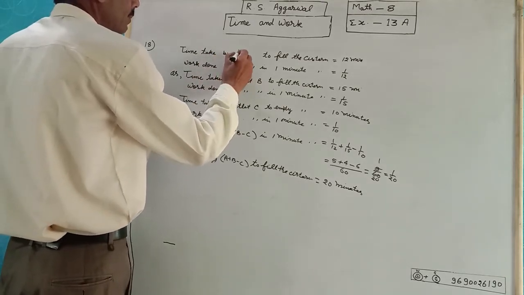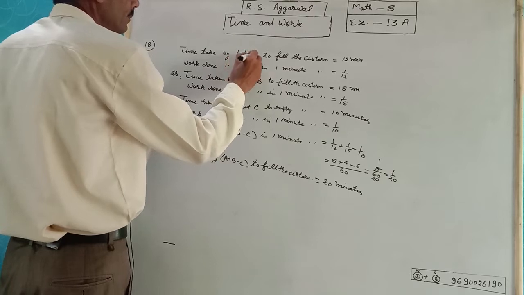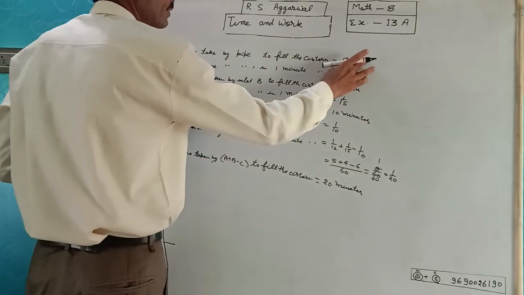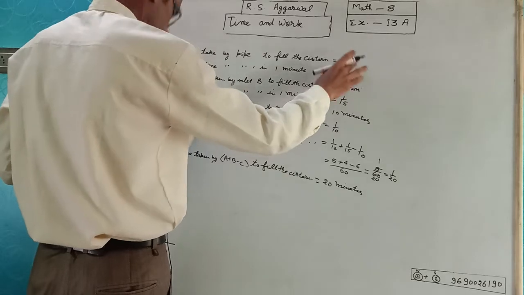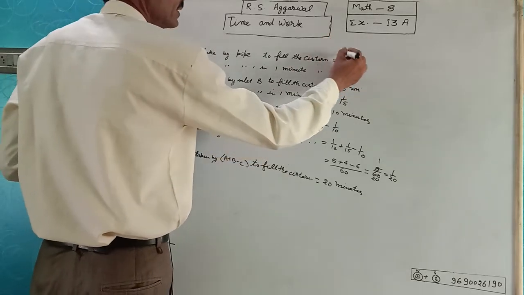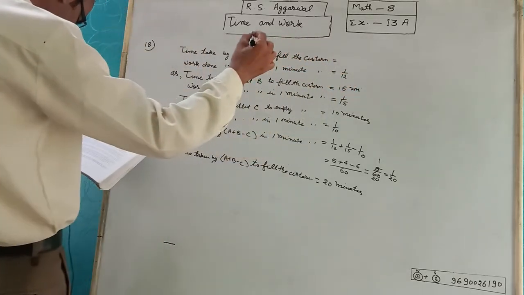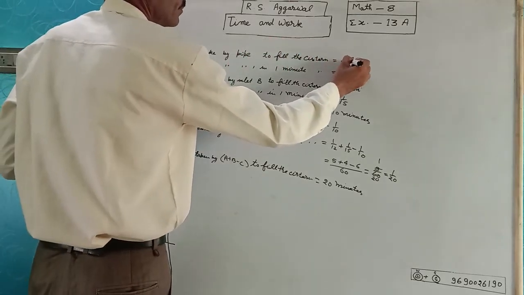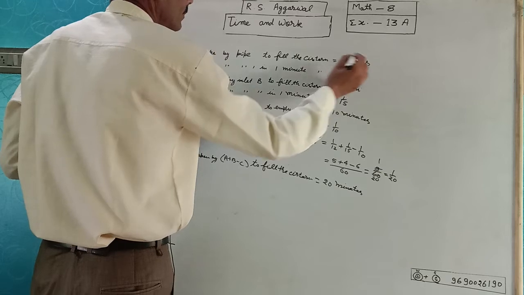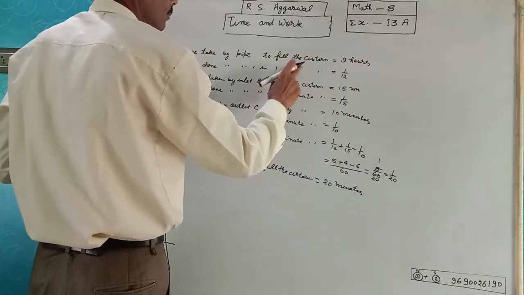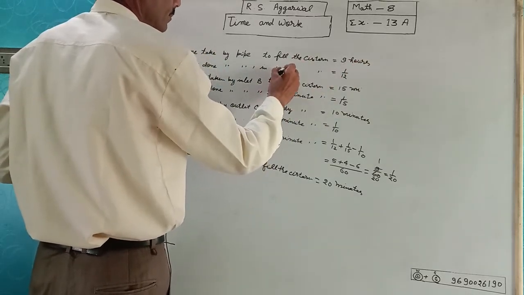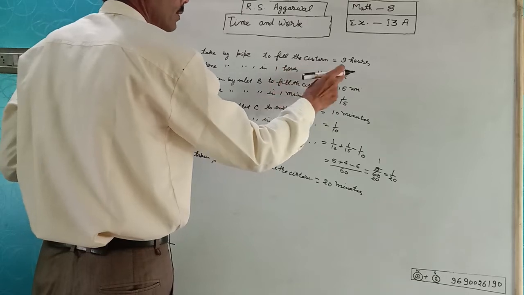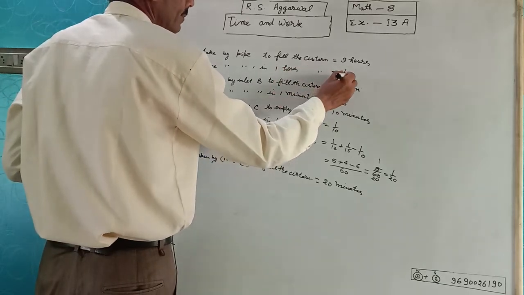By the pipe alone, time is 9 hours, so 1 hour work will be 1 upon 9.